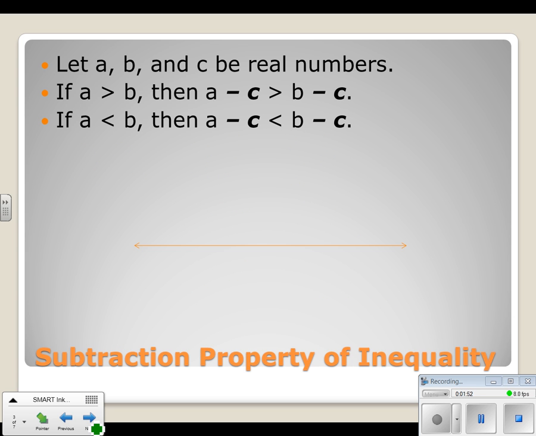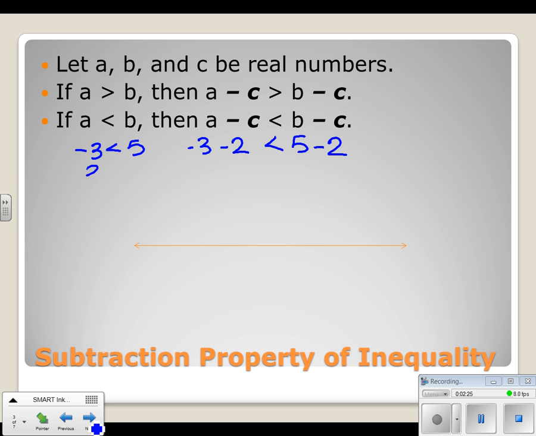The subtraction property of inequality states the same thing. If A, B, and C are real numbers, and A is greater than B, if you subtract C from both sides, it still remains true, and the same is true for A is less than B. So if I had negative 3 is less than 5, and I subtract 2 from both sides, from 5 and from negative 3, it still remains true.